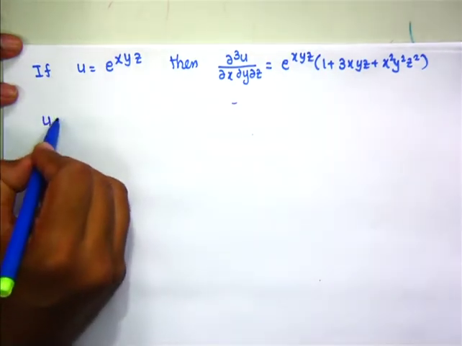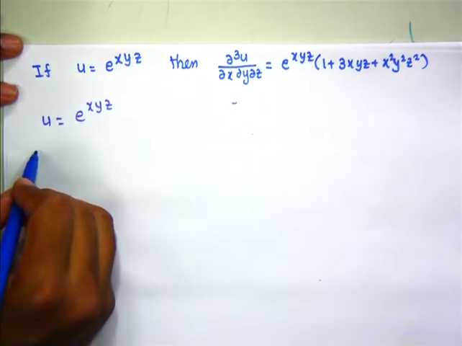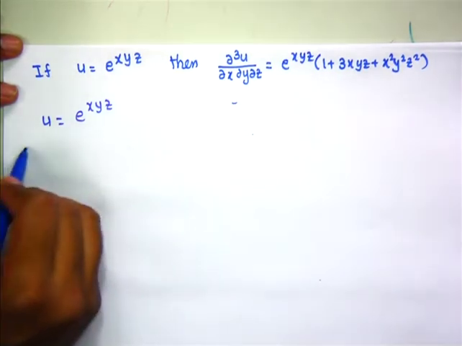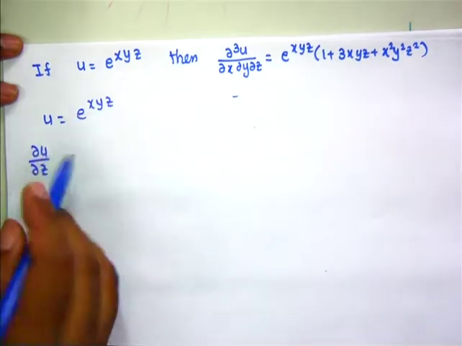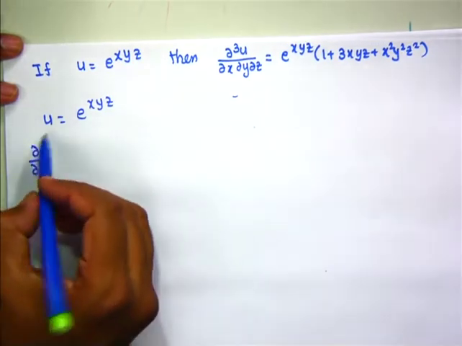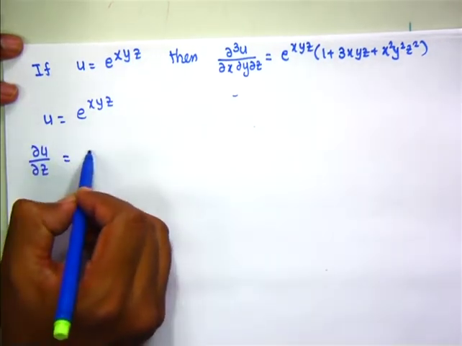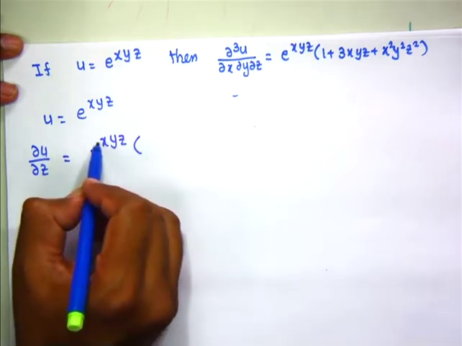So here u is equal to e to the power x y z. We are differentiating u with respect to z, so we get del u by del z, which is e to the power x y z into xy.